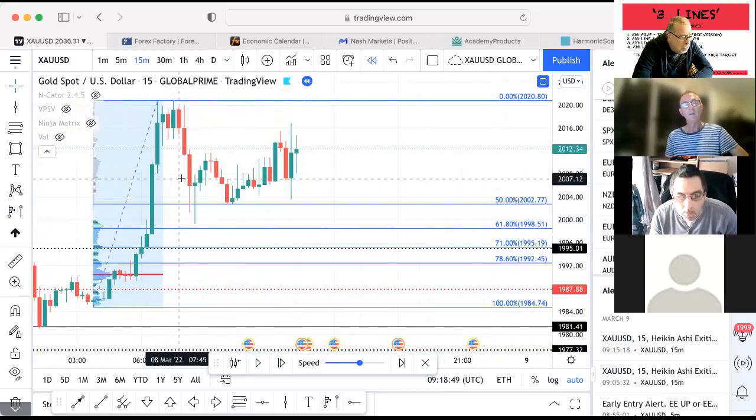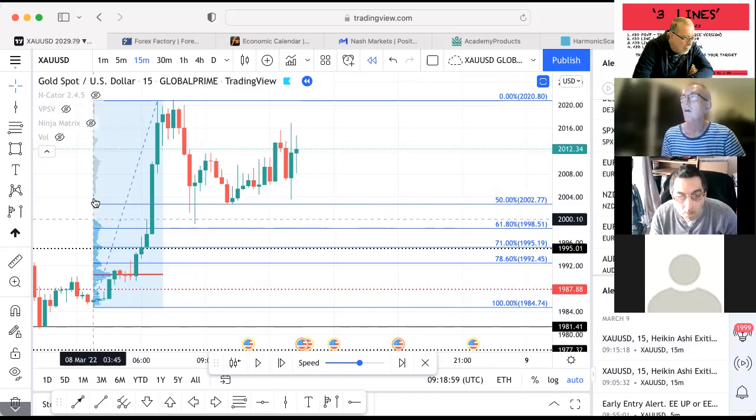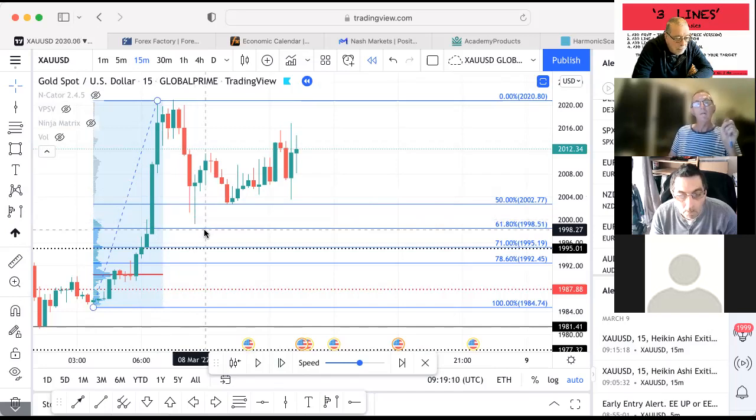So she was right, well, the theory is right, in that this area of sort of nil volume on the profile had to be filled, and sure enough, this candle came down and filled it, taking it down to roughly 61, and then it danced around a bit, and let's see what happened next.